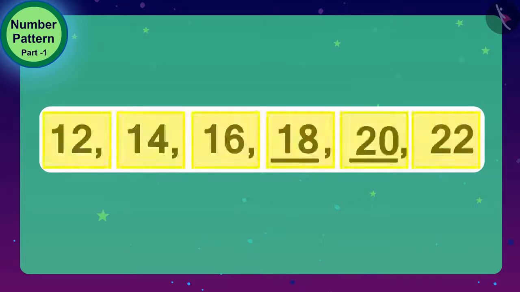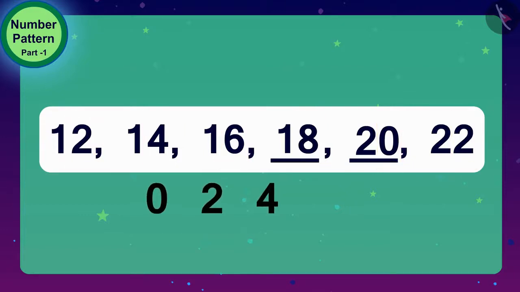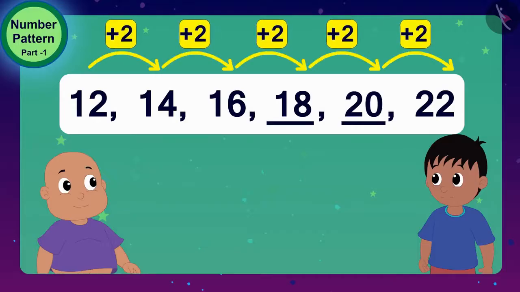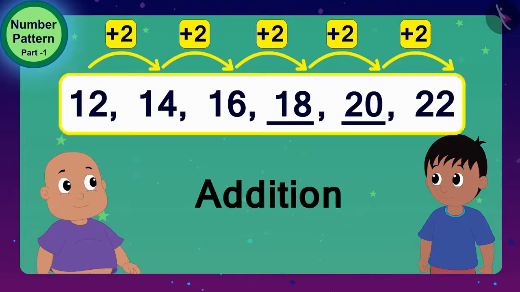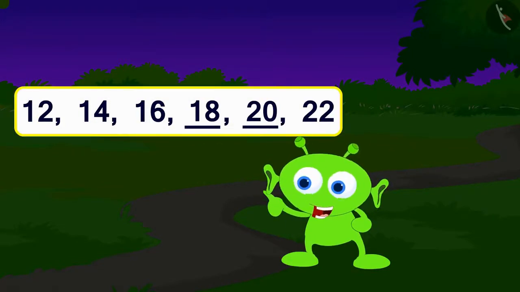Do you know that such numbers which have 0, 2, 4, 6 or 8 at units place are called even numbers? Raju and Bablu completed this number pattern using the process of addition. Well done! You two have solved it perfectly.